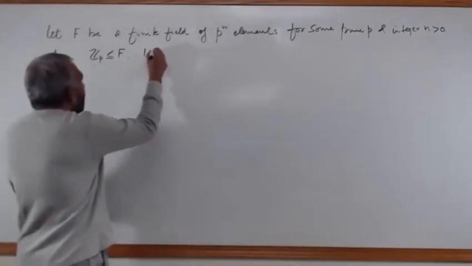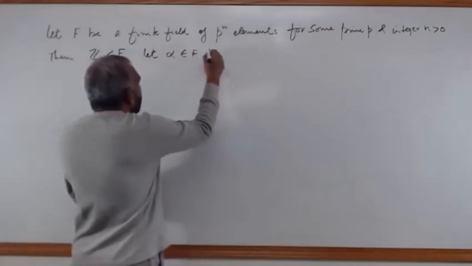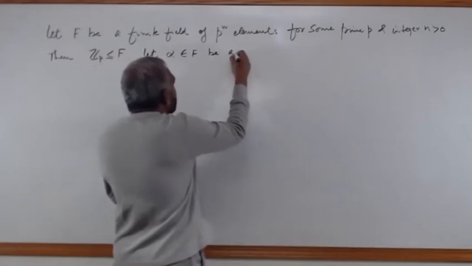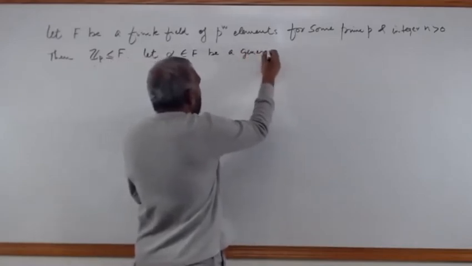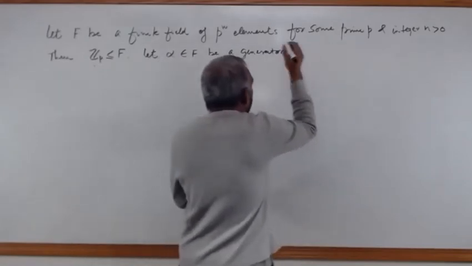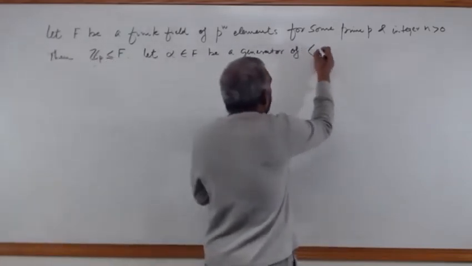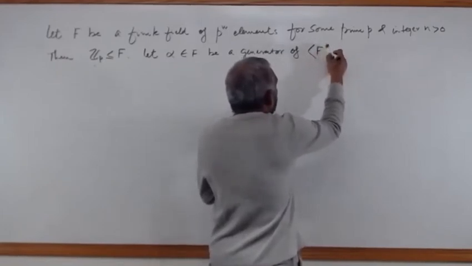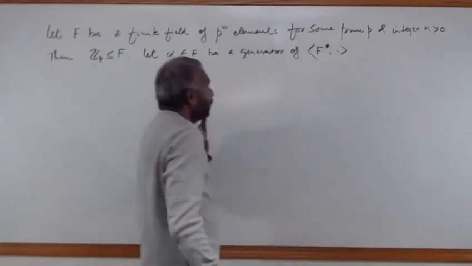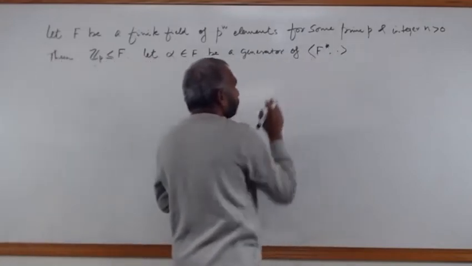Now let alpha belong to F be a generator of the multiplicative group, that is of non-zero elements from F.